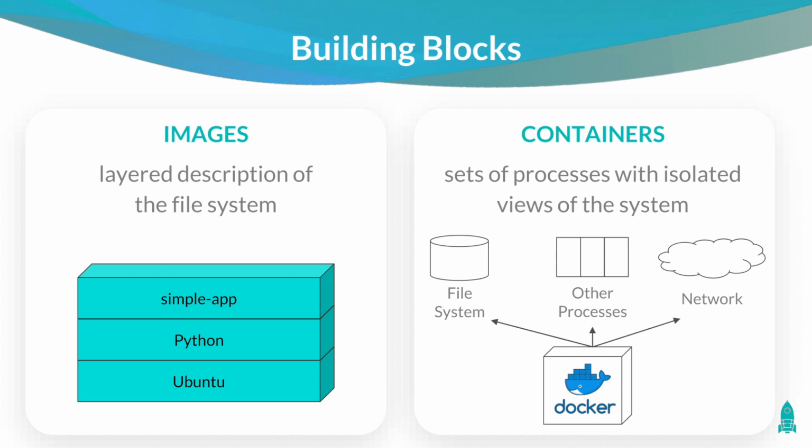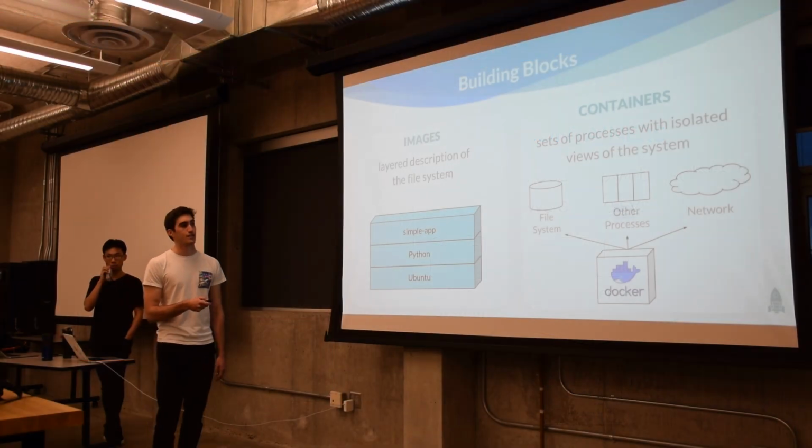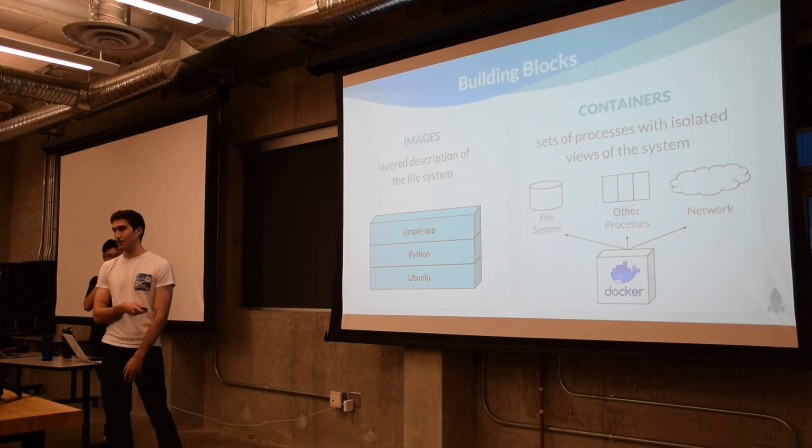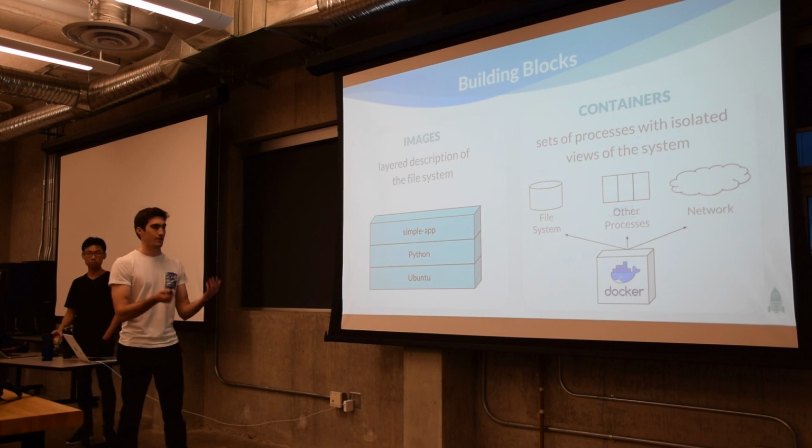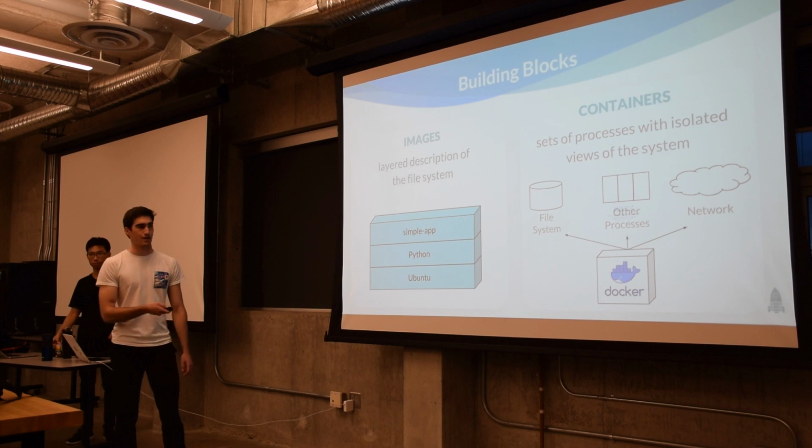So when you create a container from an image like this, you're going to get a process or set of processes that is able to view some content based on what's in the image, and also has a limited view of other things, like other processes, and the actual host file system, so it can't go look at your other files living anywhere else in the operating system.